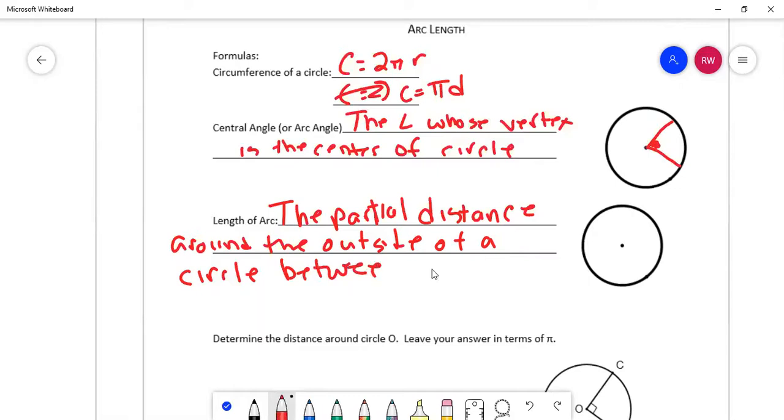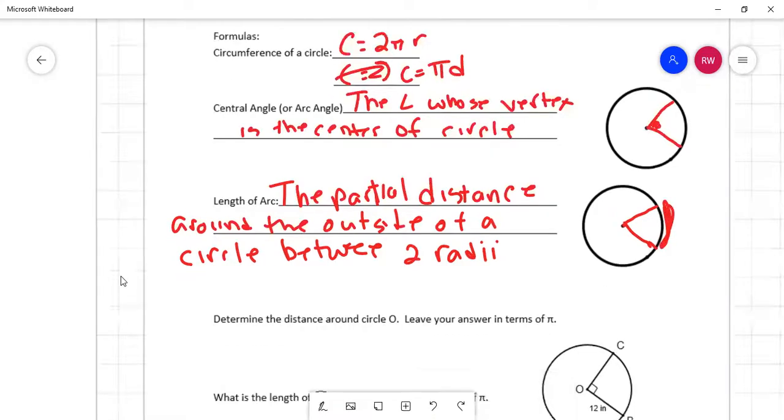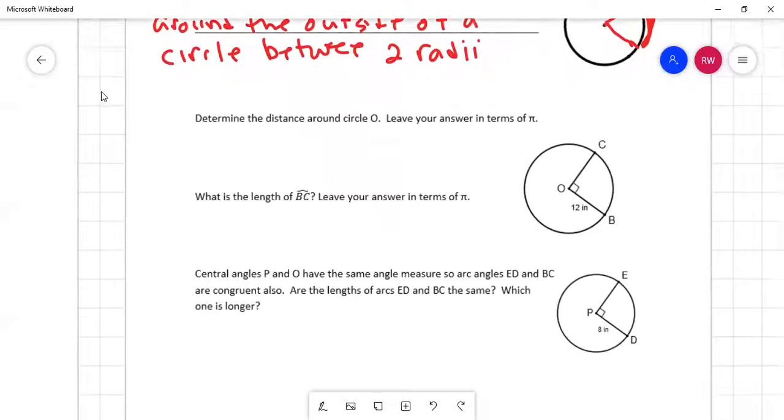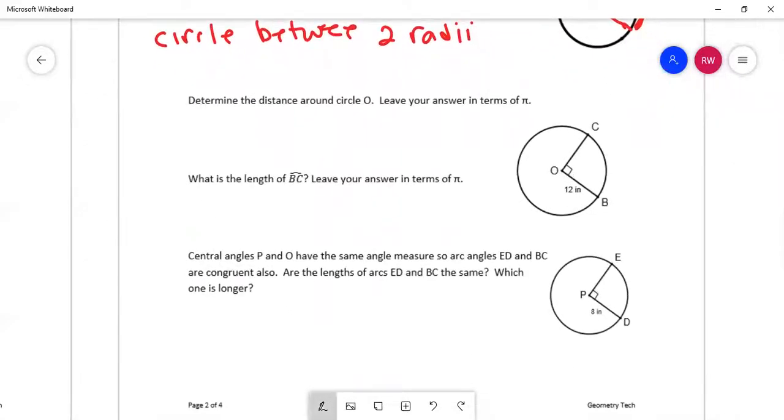Let's deal with the same central angle. These are 2 radii, and this is the arc length that we're dealing with. You have a rough idea of what it is and how to do it, but we're going to put some more specific information into it now.